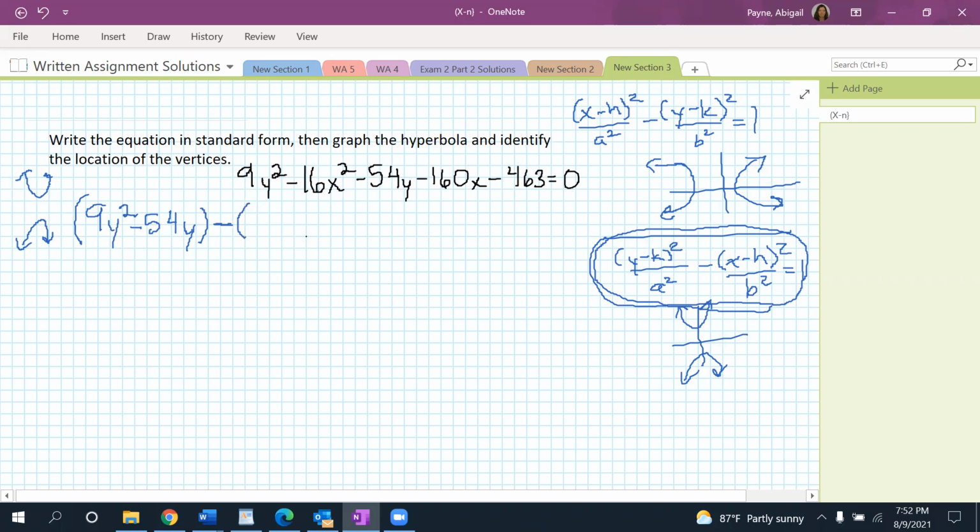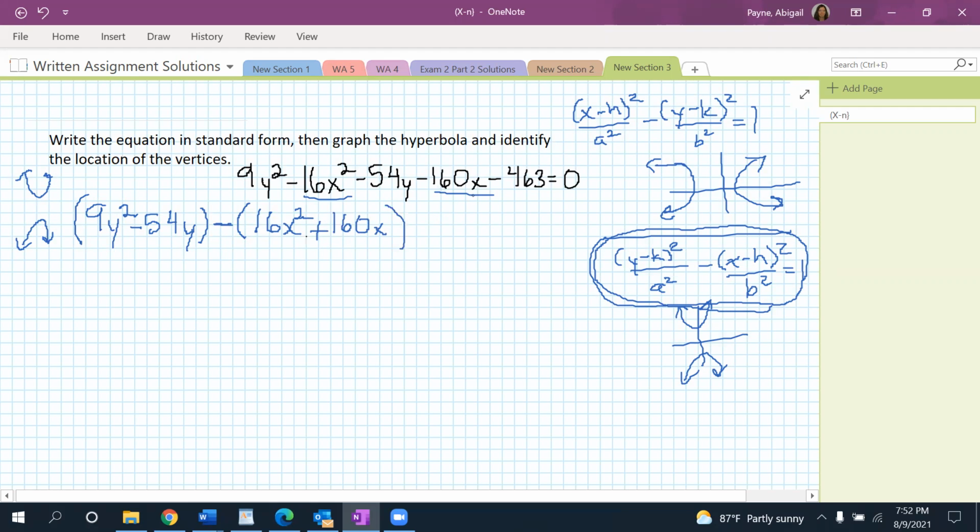So it's minus 16x squared and, inside the parentheses, plus 160x, because I want it to be consistent with what I started with, which is negative 160x. If I put a minus in front of this parentheses, I need to change the sign inside, so that distributing the negative still gives negative 160x.